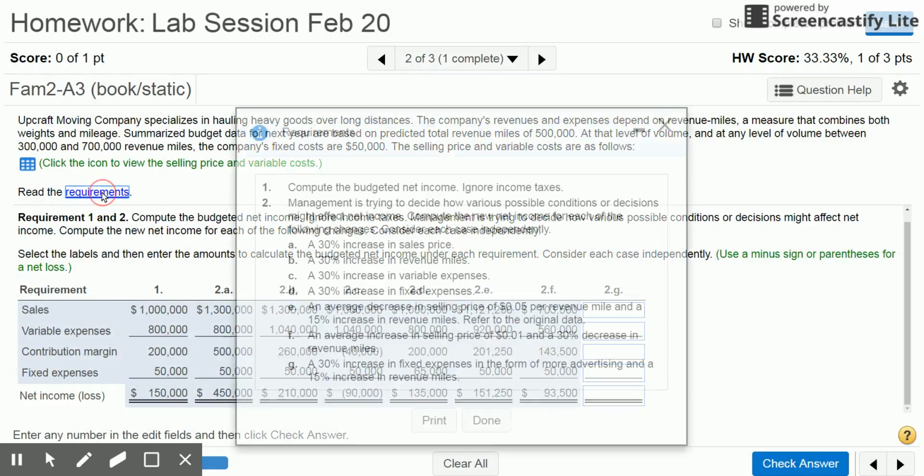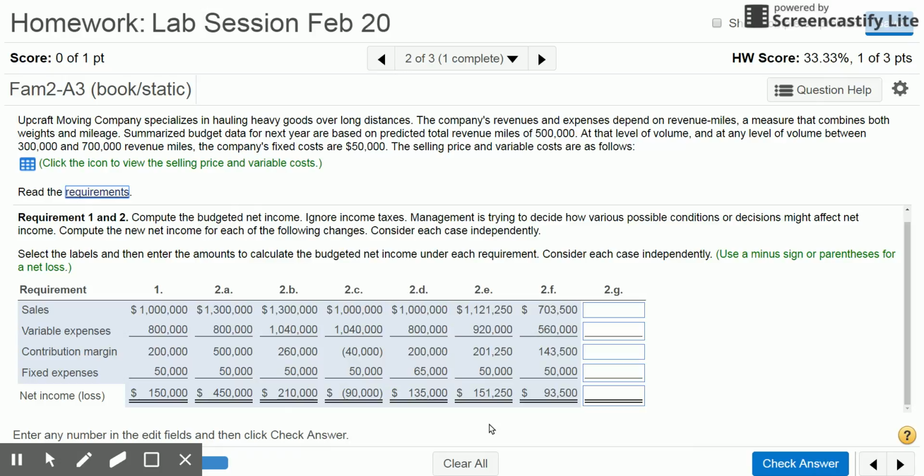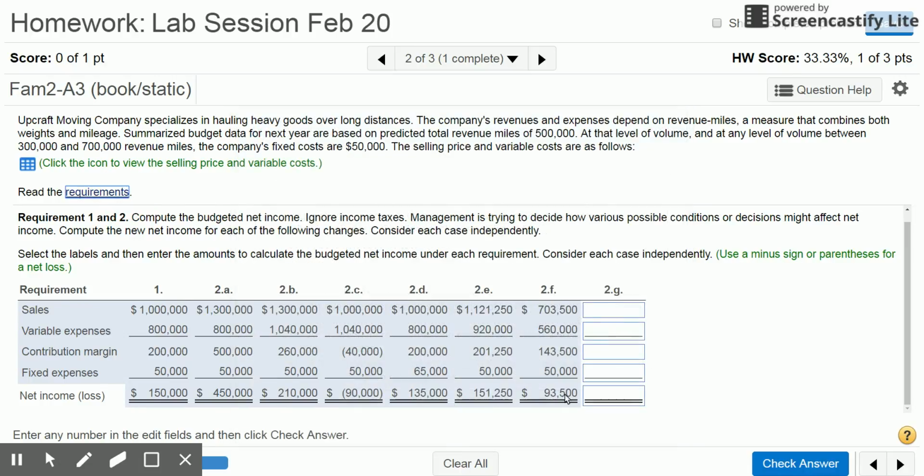And finally, part G: 30% increase in fixed expenses in the form of more advertising and 15% increase in our revenue miles. So we know a 30% increase in our fixed cost will be $65,000, so we'll put it here.